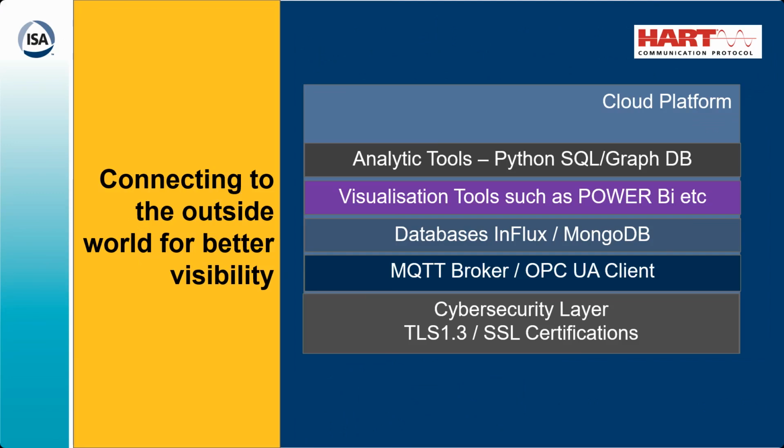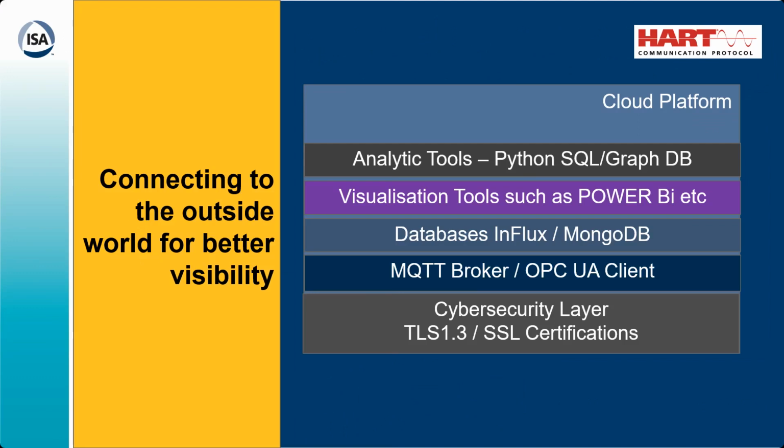Plus, of course, you have to have the MQTT broker or the OPC client to get the data onto the cloud from the gateways. Then you have the standard databases, common databases to address the very high influx of data from the field onto the cloud. So this data you are getting is then used for analytics.